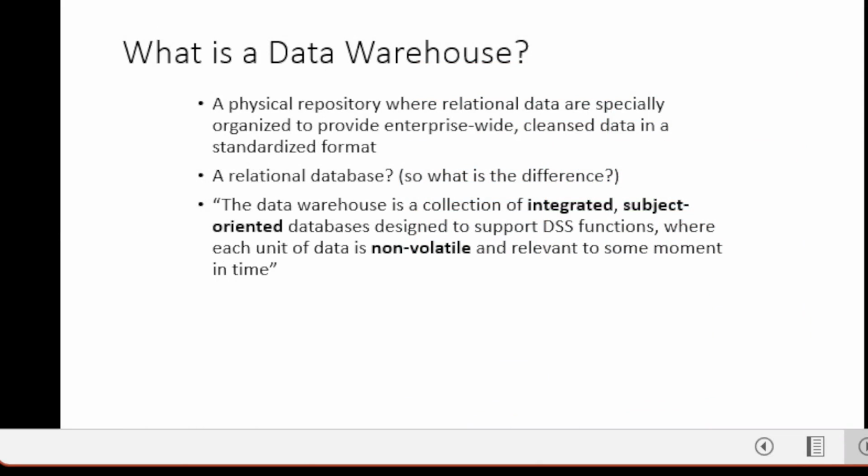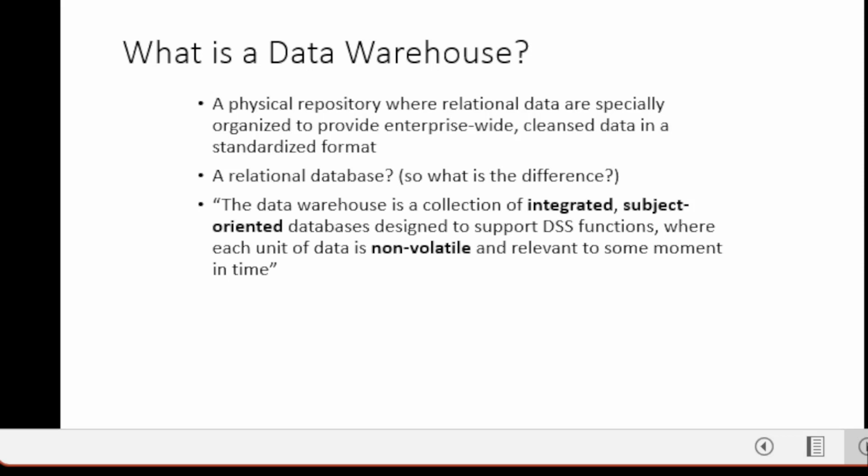So what is a data warehouse? A data warehouse is a physical repository where relational data are produced, a pool of data produced to support decision making. It is a repository of current and historical data of potential interest for managers throughout the organization.